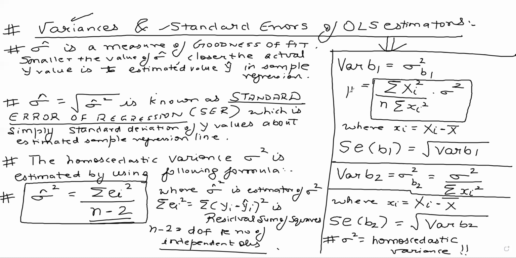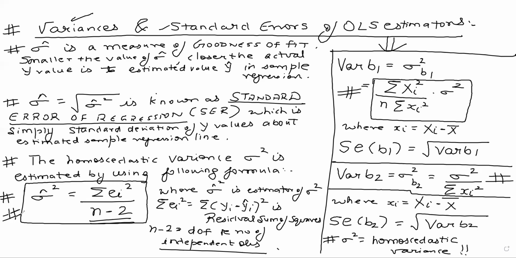So this is my variance of B1. This is my variance of B2. Standard error is nothing but the square root of variance. And this is my estimator of sigma square, which is my homoscedastic variance. The square root of sigma hat square, which is sigma hat, is called the standard error of regression, which measures the goodness of fit.